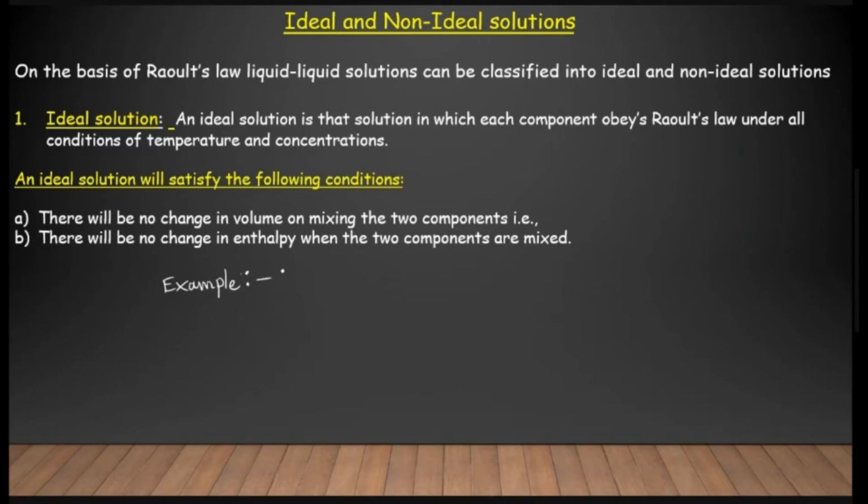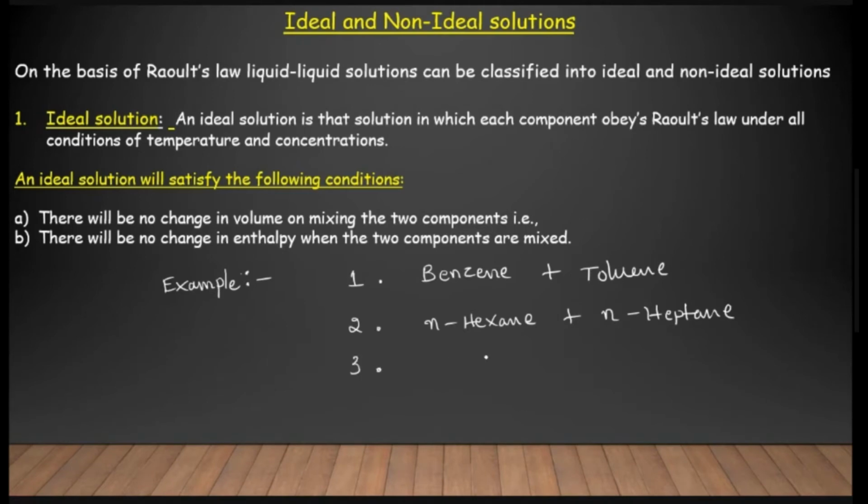Examples. Example 1 is, just now I have given the example, that is benzene plus toluene. Second one is n-hexane plus n-heptane. Third one, ethyl bromide and ethyl chloride.